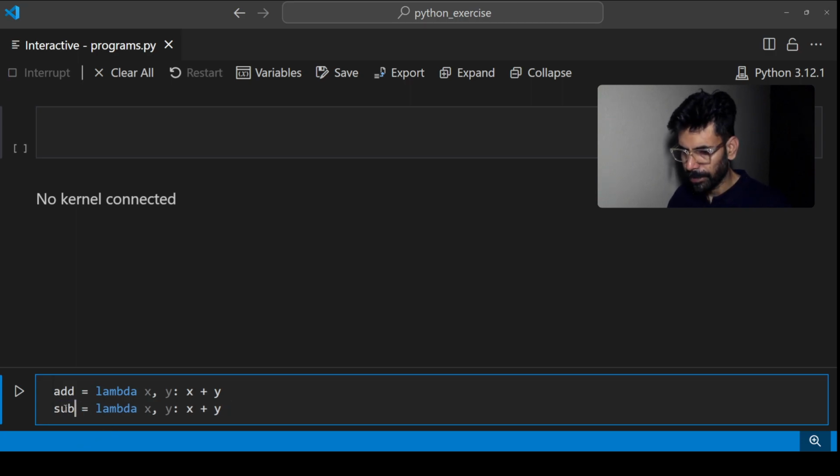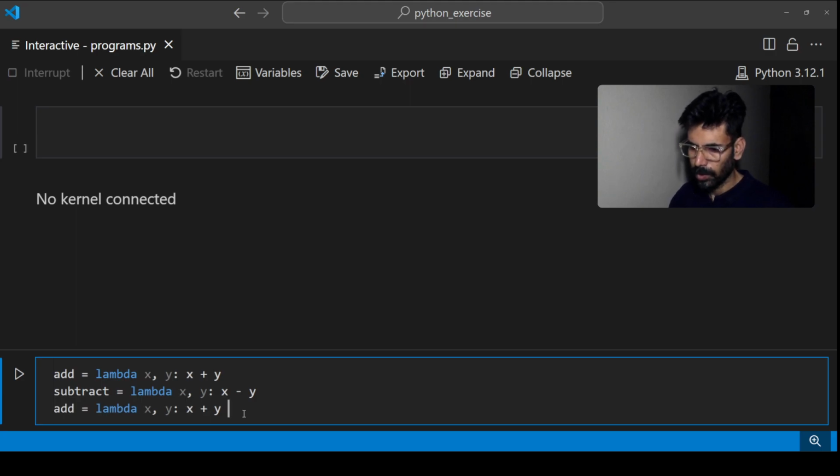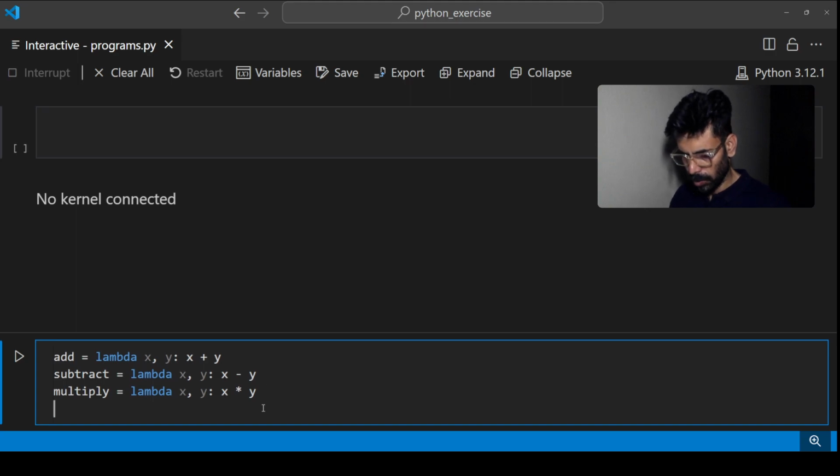like subtract, multiply, division. In division we have to give a condition: if y not equal to 0.